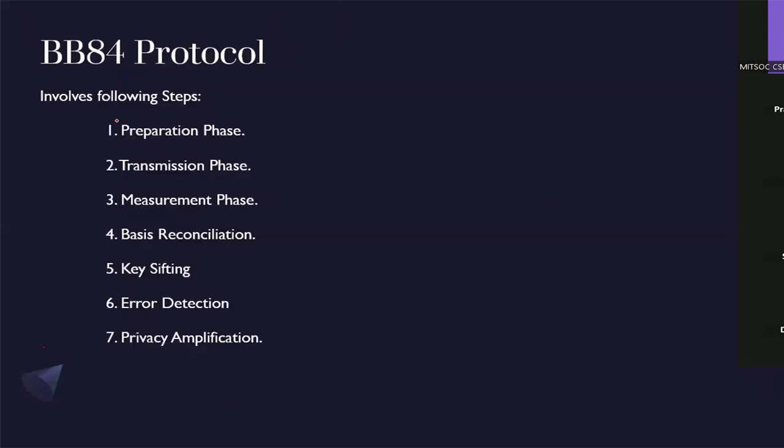So, talking about this BB84 protocol, we have separated the algorithm into 7 steps so that we can come to know how it works step by step. The first one is the preparation step, where the sender prepares photons and assigns some polarizations.